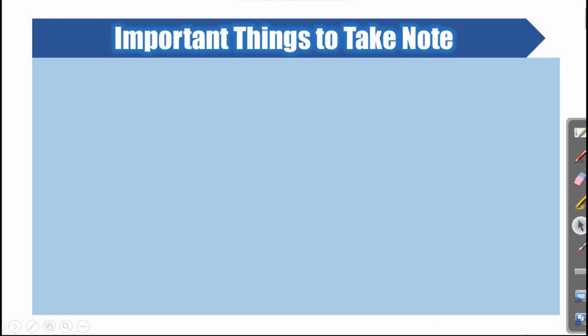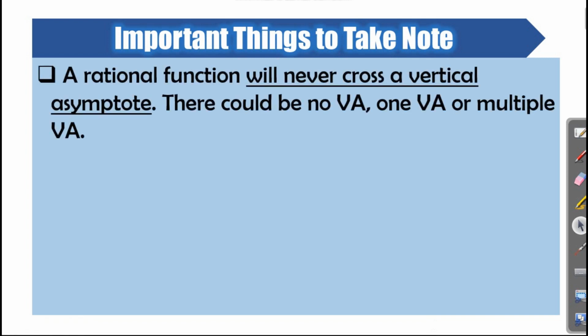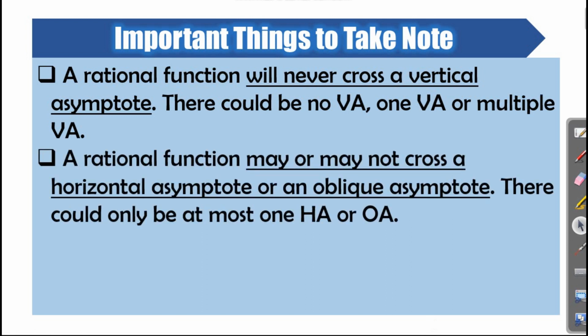So what are the important things we have to take note about the asymptotes? First, a rational function will never cross a vertical asymptote, and there could be no vertical asymptote, one or multiple vertical asymptotes. Second, a rational function may or may not cross a horizontal asymptote or an oblique asymptote, and take note that there could only be at most one horizontal asymptote or oblique asymptote, and we cannot have both horizontal and oblique asymptote in one function.